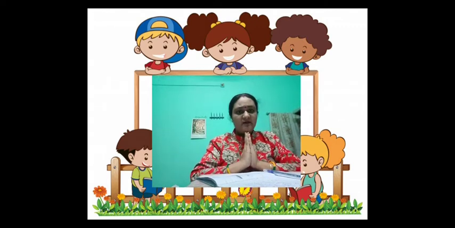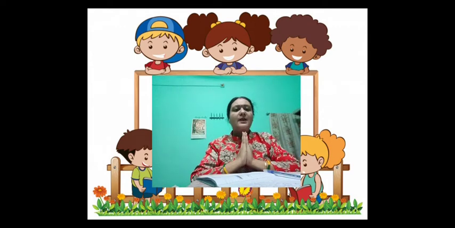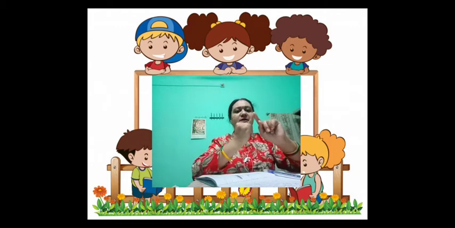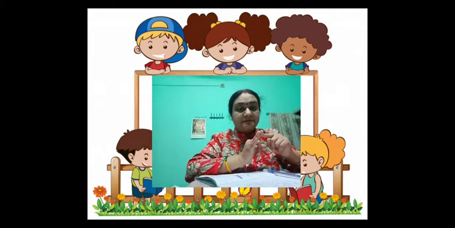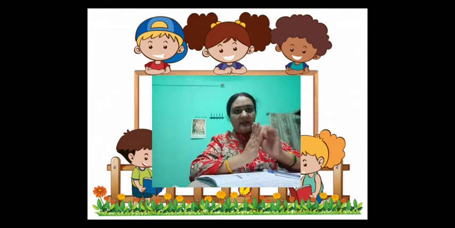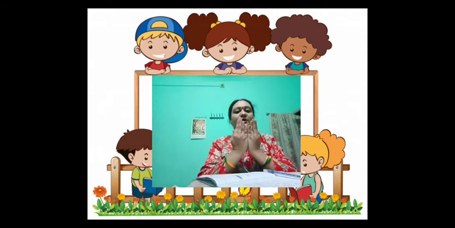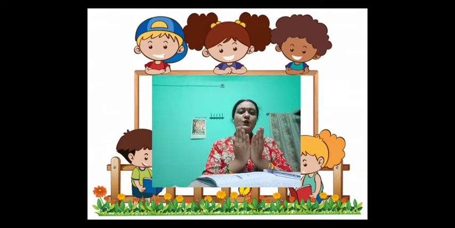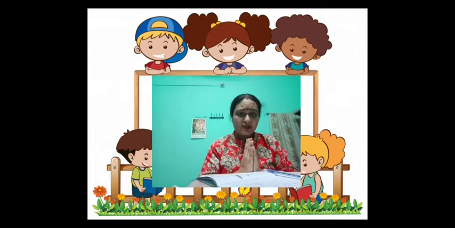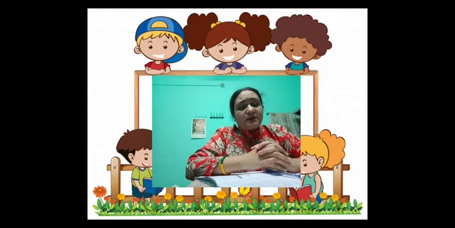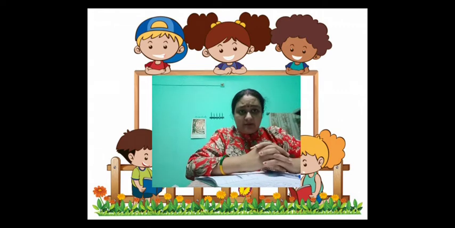As per the definition, the two halves are equal in all respects: in size, in shape, in proportion, in color scheme. When you have two figures on either side of the line of symmetry, you get two shapes which are exactly identical to each other. So this was the definition of symmetry.